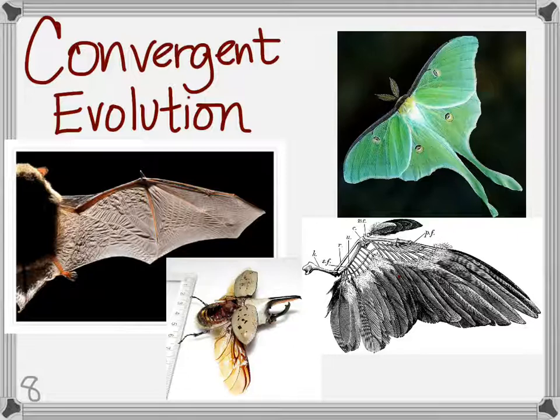Are these wings something that they each inherited from some shared ancestor, some common ancestor? No! They independently evolved wings because the challenges that they faced caused wings to be selected for. How can we tell? Well, these wings don't share an underlying structure. They just share a function.